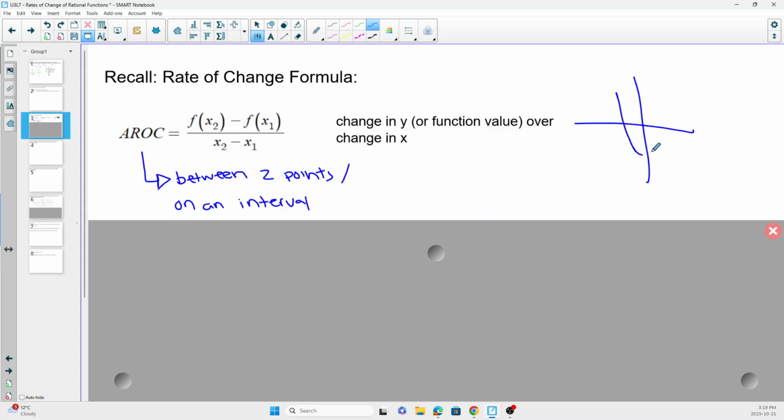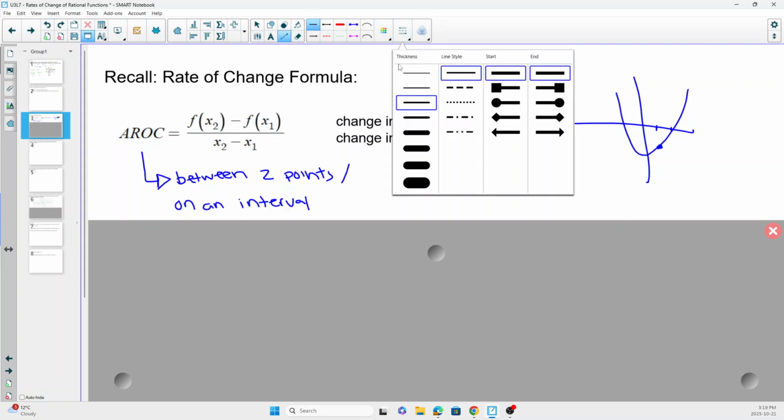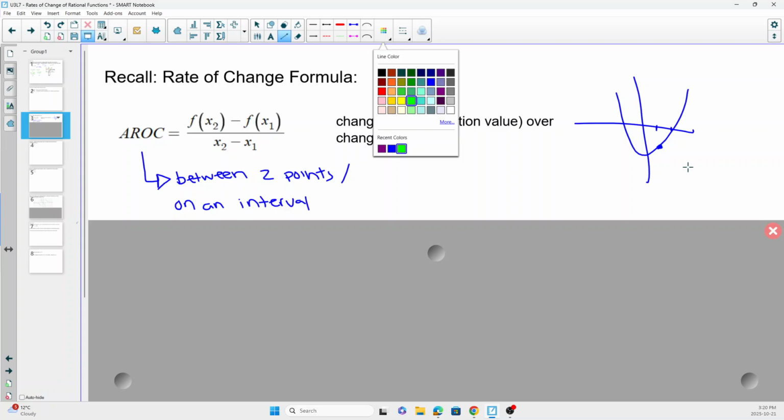Let's just say it looks like this. We could be interested in what's happening between here and here. So we said, okay, well, here it's got this function value, and over here it's got this function value, and on average, we call this the secant line. Technically, it should go right through the curve there. But on average, what is the rate that the function is changing on that interval?